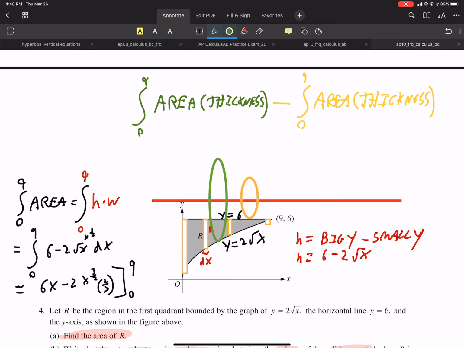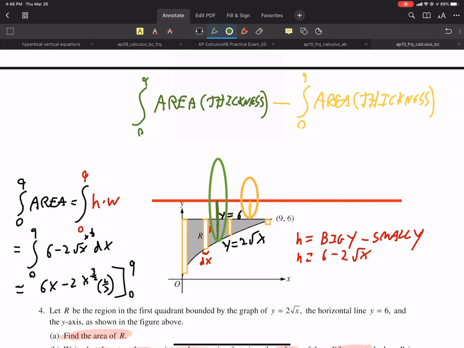But what's the area of a circle? Clearly, that's pi r squared. So that's r for the big circle, and that's r for the little circle. Should we call that R1 and R2?